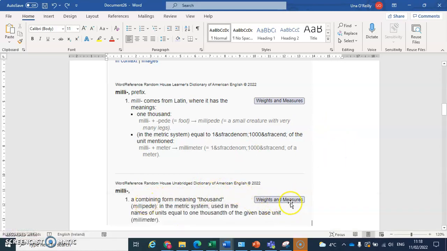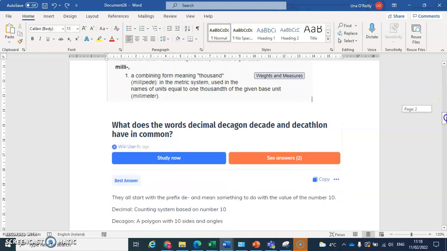In weights and measures, because this is where we see it in maths: a combining form meaning 1,000th, used in the metric system in the names of units equal to 1,000th of the given base unit. So if we are talking about a metre, when we're talking about millimeters, it means 1,000th of a metre. I will go over this again, so don't worry if you don't fully get what I'm talking about.